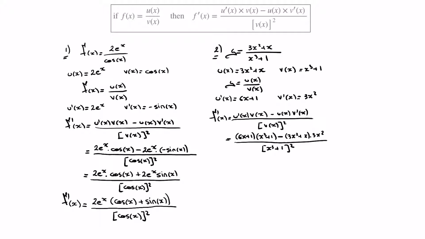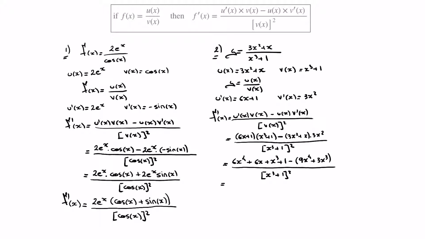We now distribute across the numerator, leading us to 6x to the power of 4 plus 6x plus x cubed plus 1. And we now distribute the 3x squared term into the second parentheses, so I'll leave it as 9x to the power of 4 plus 3x cubed, all of which is divided by x cubed plus 1 squared.